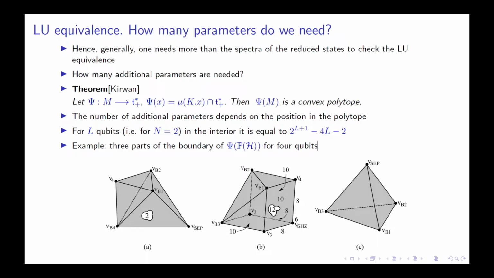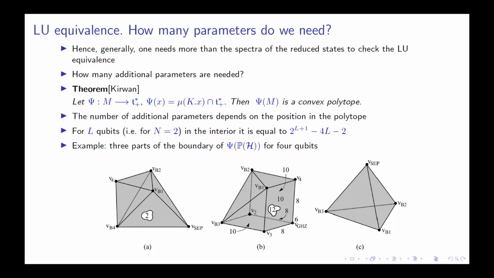And this is the result: for L qubits, so we have L subsystems, in the interior of this polytope, it is equal to this one. You see that it grows exponentially with the number of qubits, which is unpleasant, but this is the story. In general it depends on the position in this polytope.